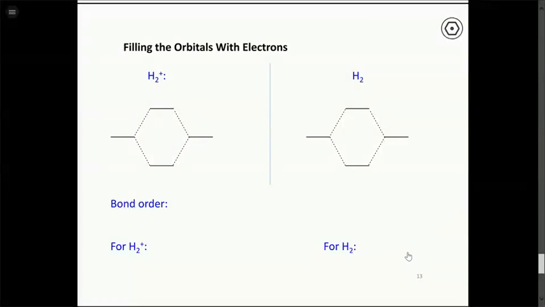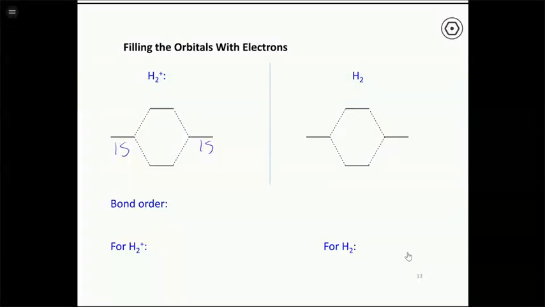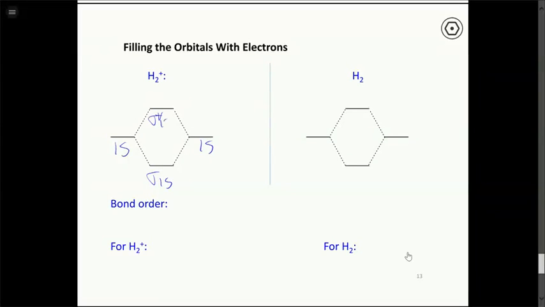So if we have H2 plus, we're going to take a 1s orbital on the first hydrogen, a 1s orbital on the second hydrogen, and we're going to mix them together. And just like I showed you, you're going to form a sigma 1s and a sigma star 1s. And so when we fill these orbitals up, we fill them from lowest to highest energy.